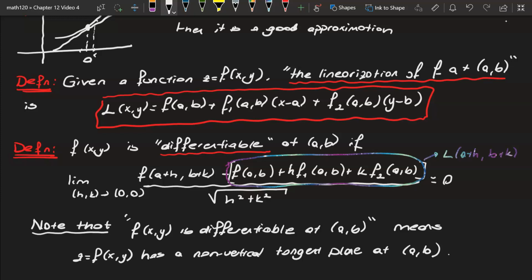Okay, so being differentiable, f of (x, y) is differentiable at (a, b) means f of (x, y) has a non-vertical tangent plane at (a, b).